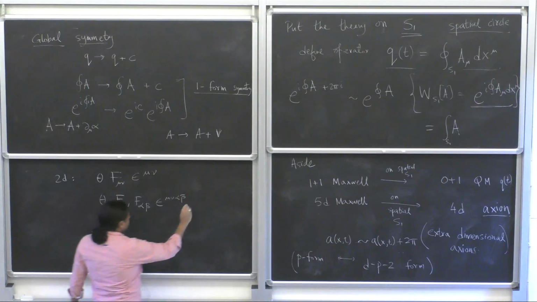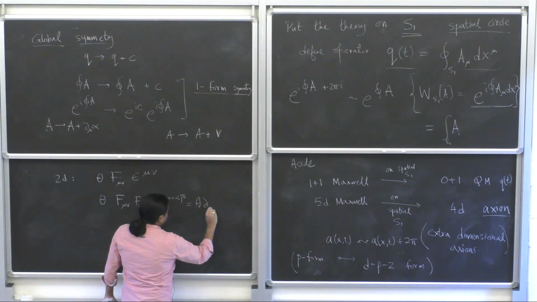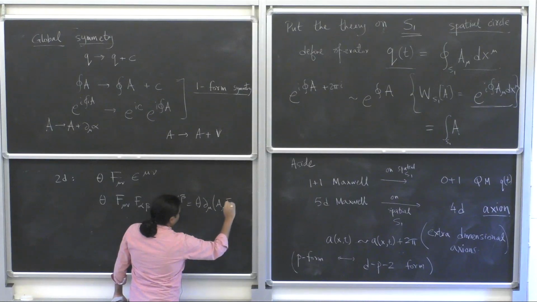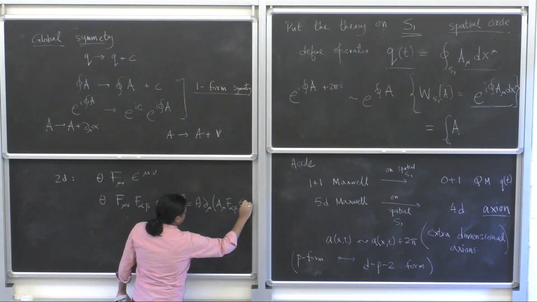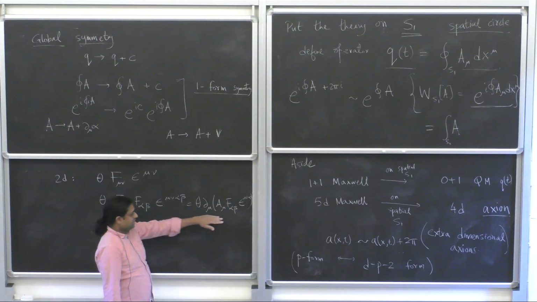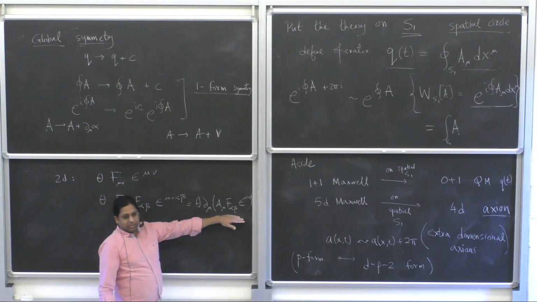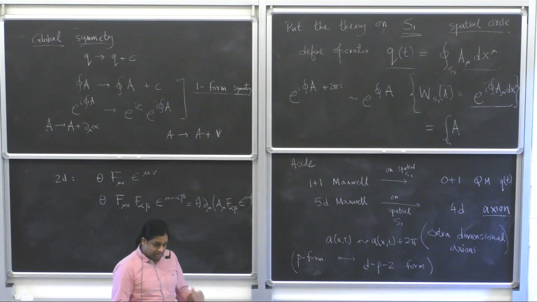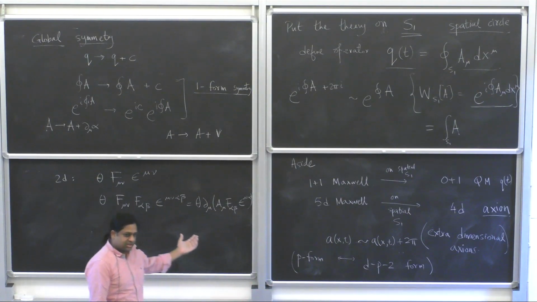But this is also equal to something like a total derivative, partial_mu of A_nu F_{alpha beta} epsilon^{mu nu alpha beta}. So it's still true that it's a total derivative, and that is the point of not contributing to local dynamics, but just being a topological sector.